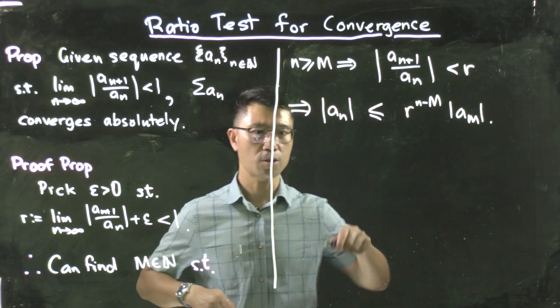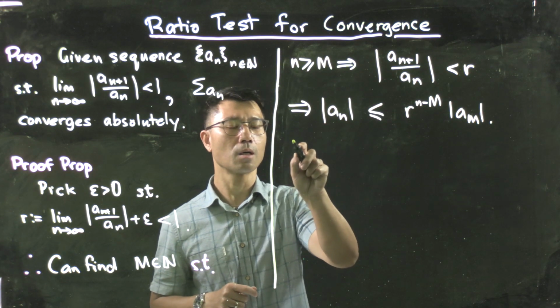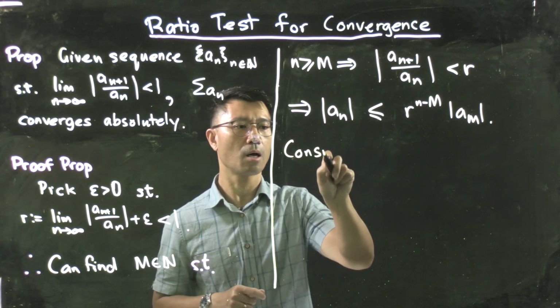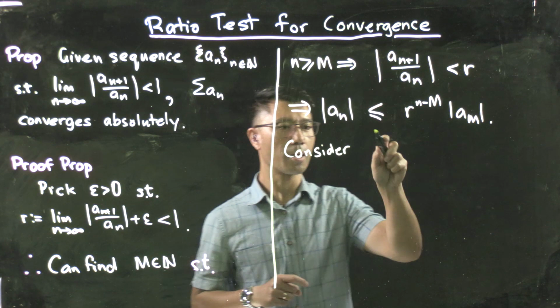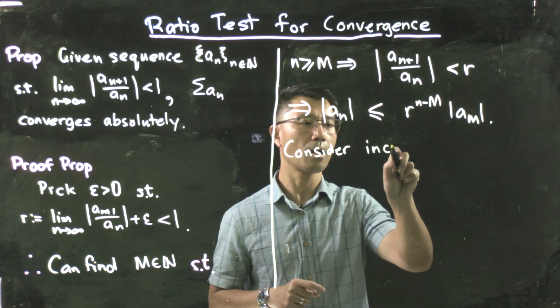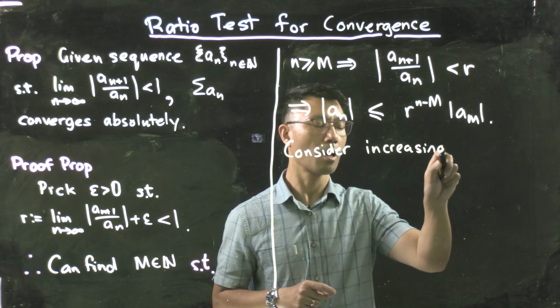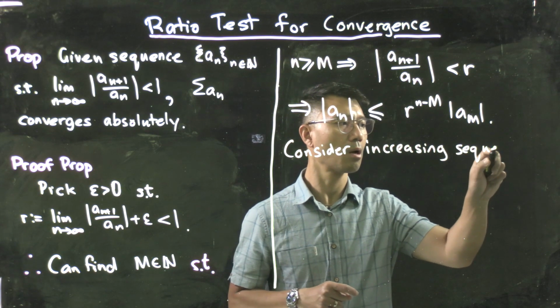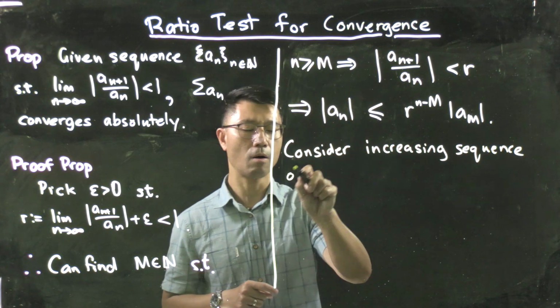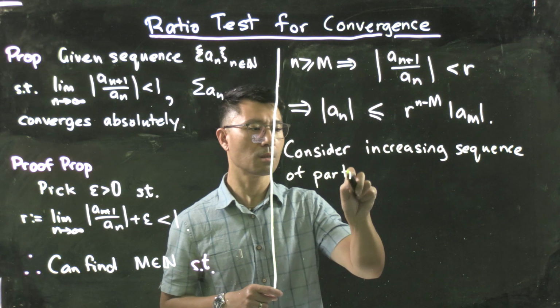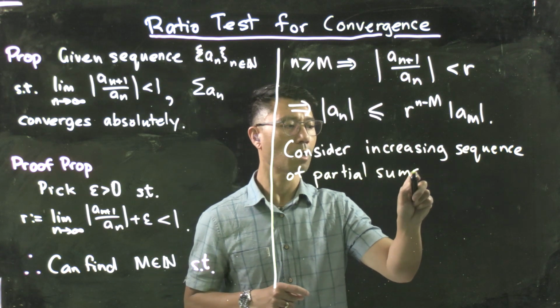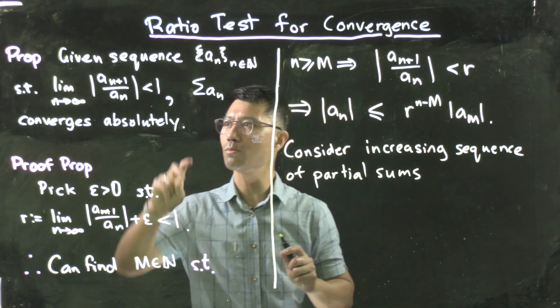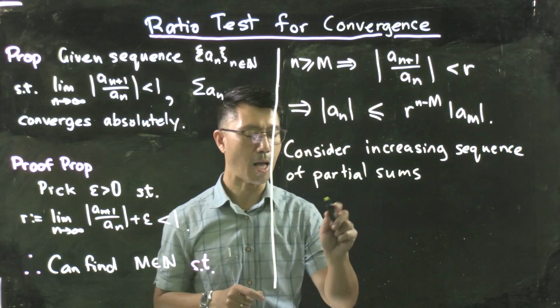And now what do we do? We consider the increasing sequence of partial sums. We want to show that this converges absolutely.